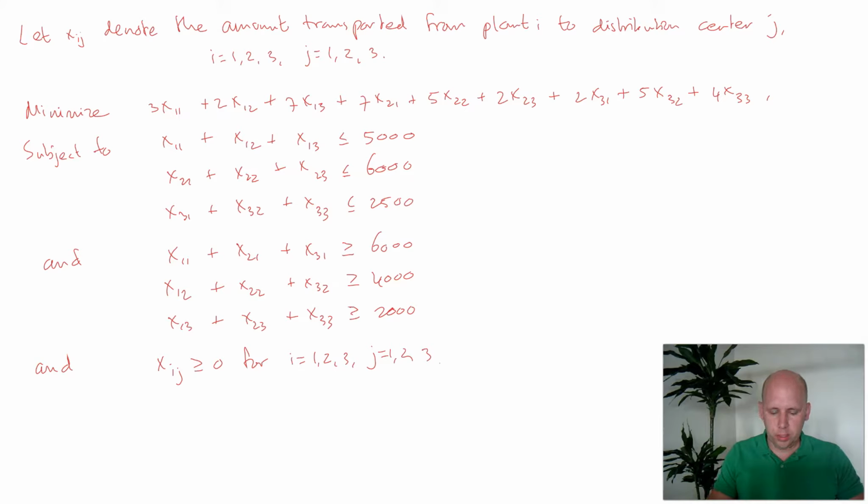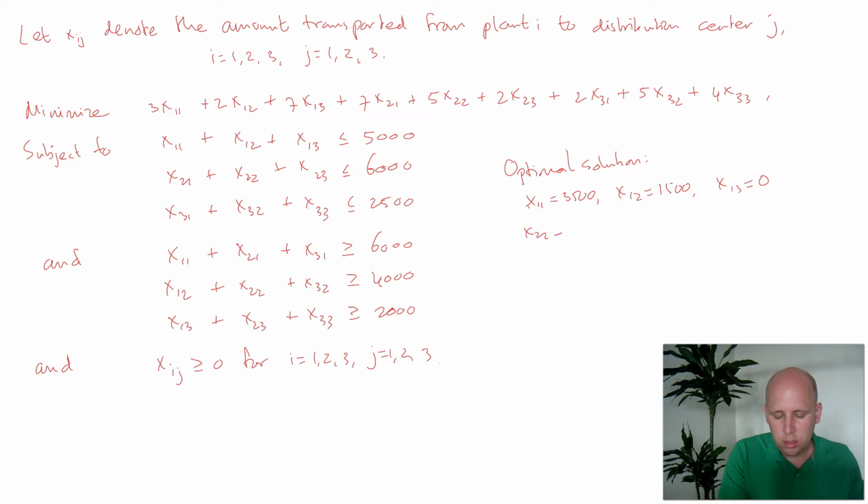So what we have here, for instance, is the optimal solution, and this is what we get from Excel. x11 will be equal to 3,500, x12 is equal to 1,500, and x13 is equal to 0, x21 is equal to 0, x22 is equal to 2,500, x23 is equal to 2,000, x31 is equal to 2,500, x32 is equal to 0, and x33 is equal to 0 as well. So this is the optimal solution.